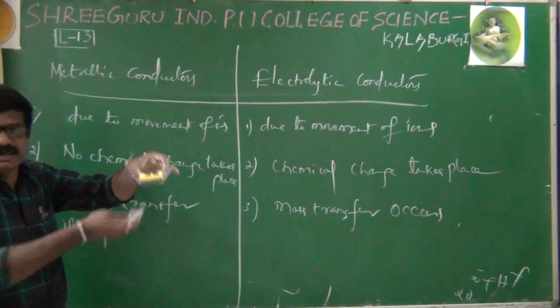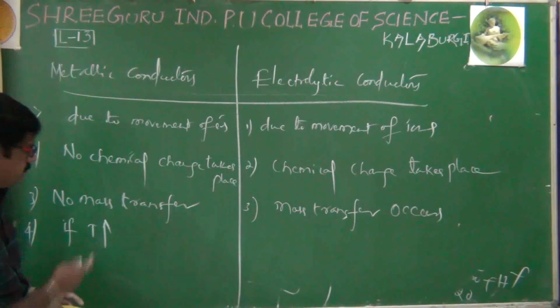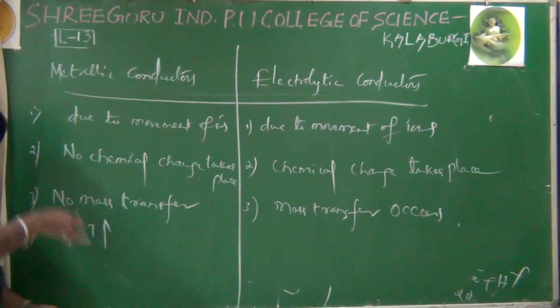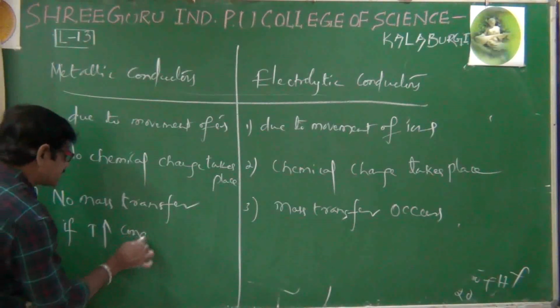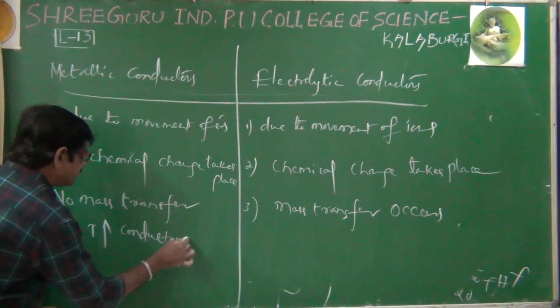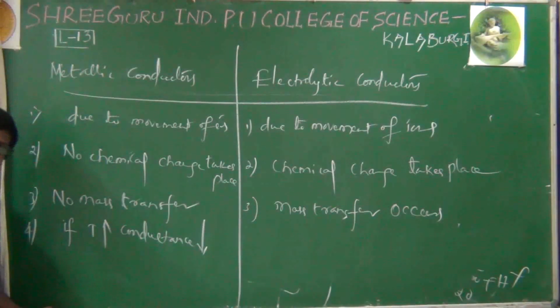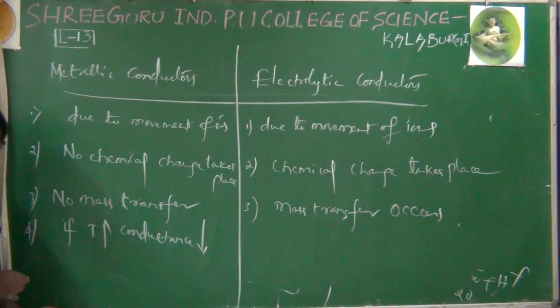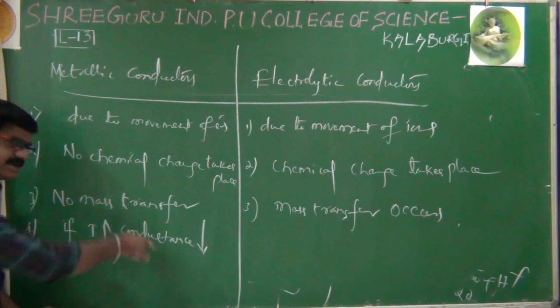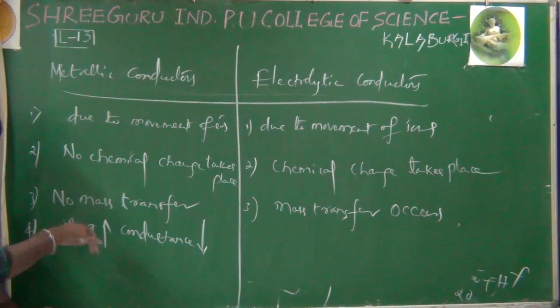If you heat the metal, what happens? Does its conductivity increase or decrease? When temperature increases, its conductance definitely decreases. I repeat, when temperature increases, conductance decreases. Why? We'll see the reason now.